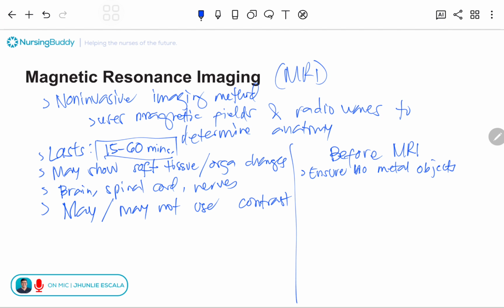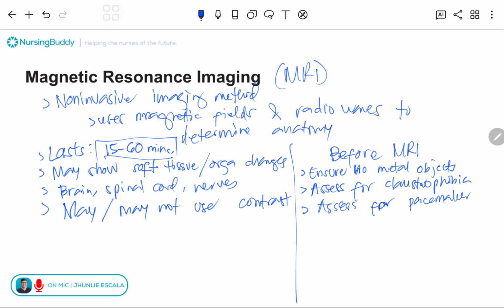So, say for example, your watches, your jewelry, and another, kapatid, you need to assess the patient for claustrophobia. Okay? Because the patient will be in an enclosed machine dito, so you need to assess for your claustrophobia. And also assess for pacemaker. Kapag si pasyente po natin ay may pacemaker, you should assess for that. So, it's an implant, kapatid, within your cardiac muscle. So, we need to assess for that one.